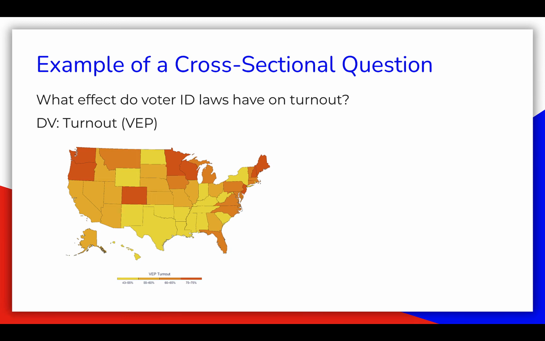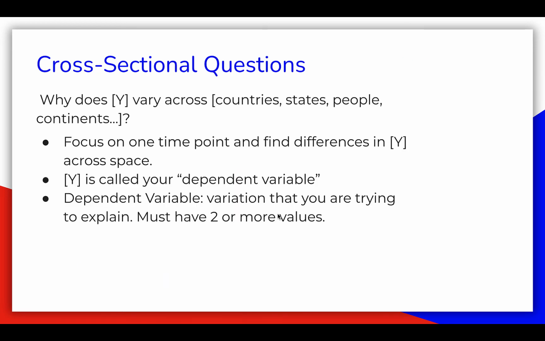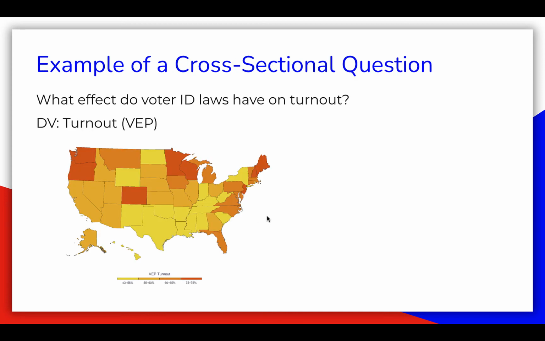In any case, here we can see that there is variation, so it's meeting this last condition, right? There is variation across space, but we're looking at one point in time. In fact, this comes from MIT's election project. This is 2020's turnout by state, but it's looking at one point in time and across space. So this is a cross-sectional question.